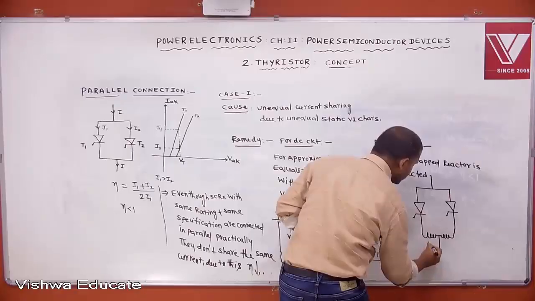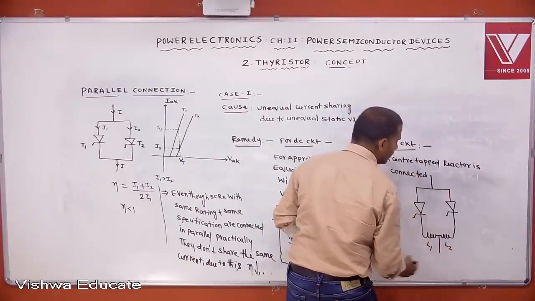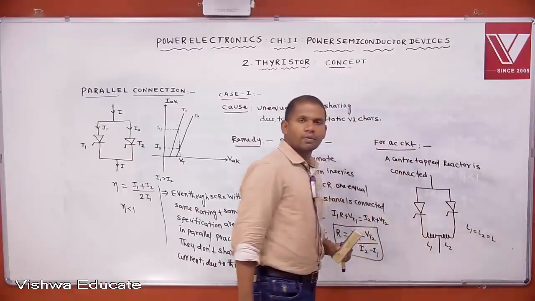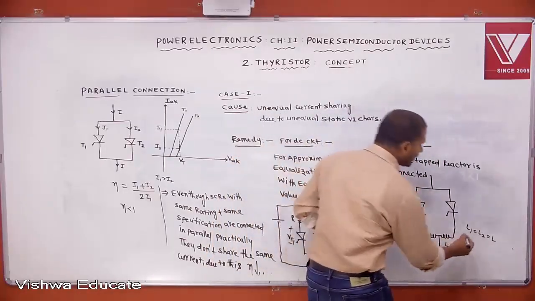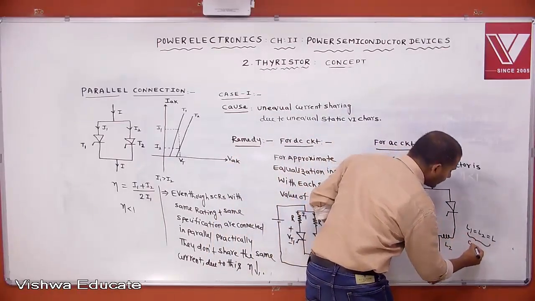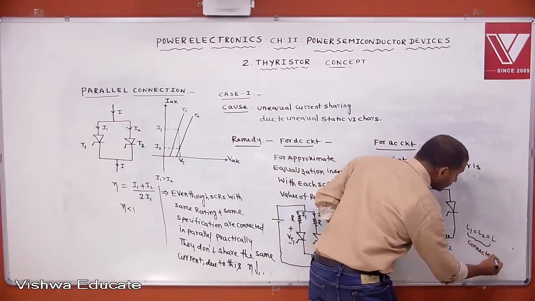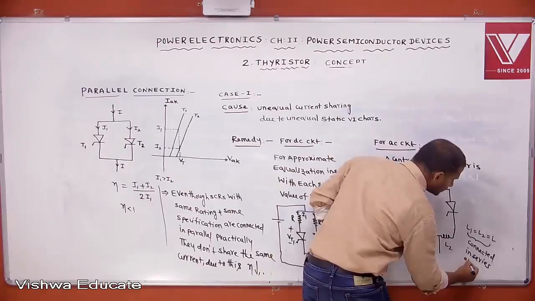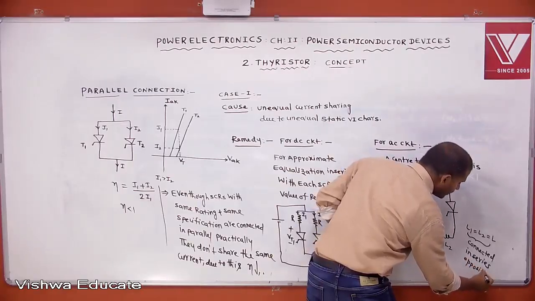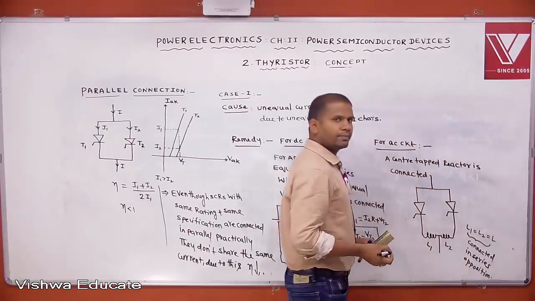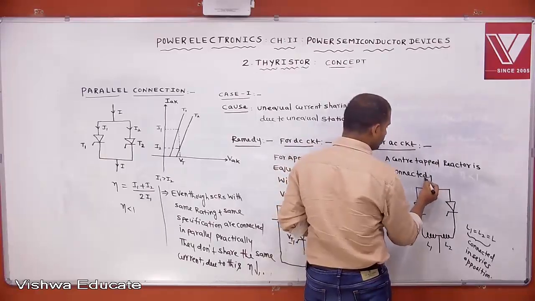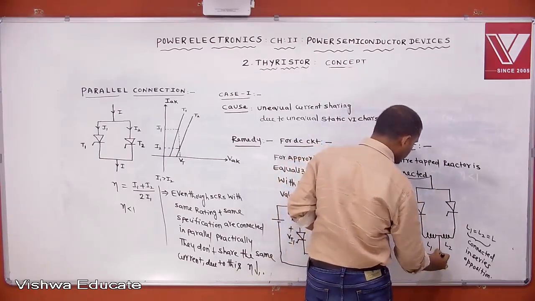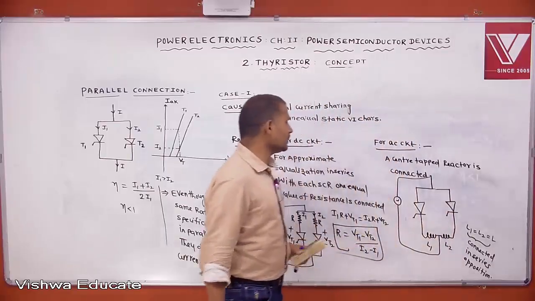Let this be L1 and this be L2, where L1 equal to L2 equal to L, consider, and these two coils are connected in series opposition. And this is the AC supply we are giving.